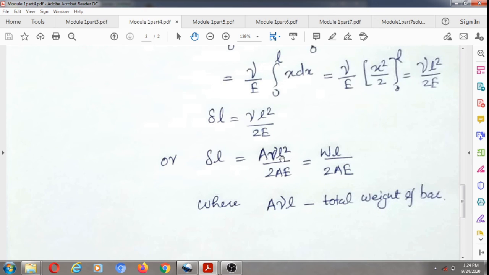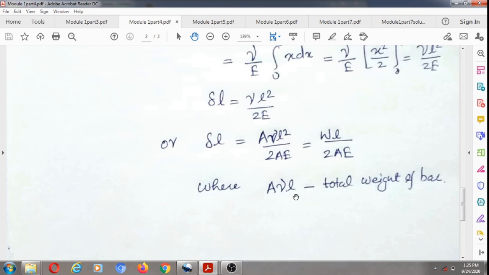Area multiplied by L gives the volume, then gamma is the unit weight. Then A L gamma becomes the weight of that segment, so W L divided by 2AE, where A gamma L is the total weight of the material. Therefore the elongation expression is equal to gamma L square by 2E or WL by 2AE.